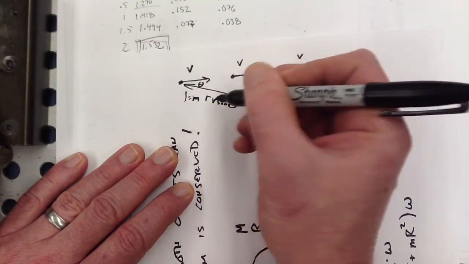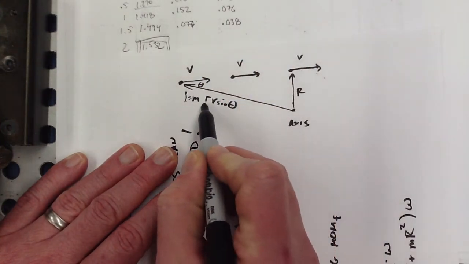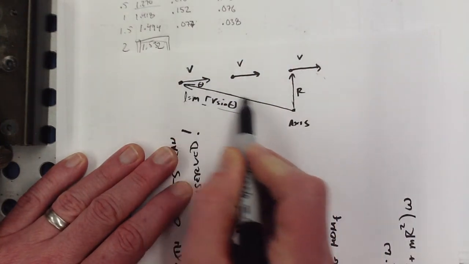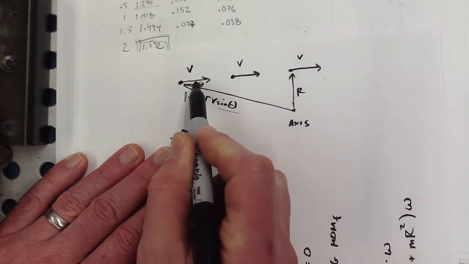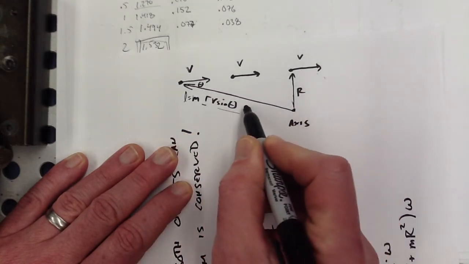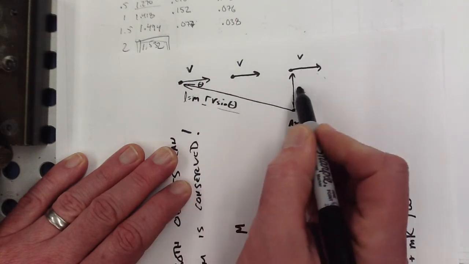RMV, or put the M there. But I want you to look at the R sine theta. What is it? This hypotenuse R times the sine of theta, opposite. That's the opposite side.